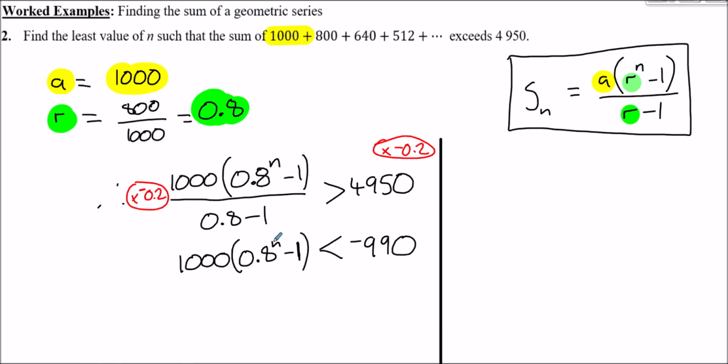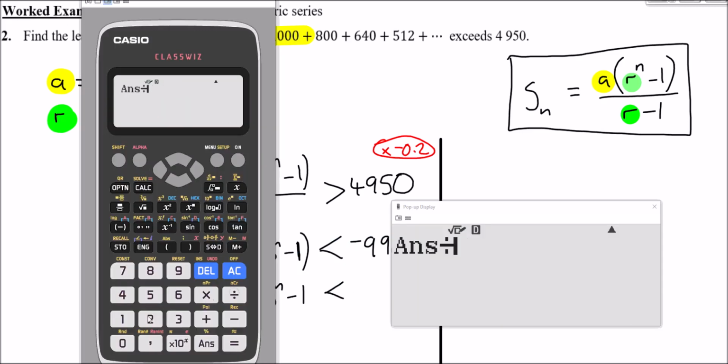What we can now do is divide both sides by 1000. So 0.8 to the n minus 1 has to be less than minus 990 divided by 1000. Let's try that.